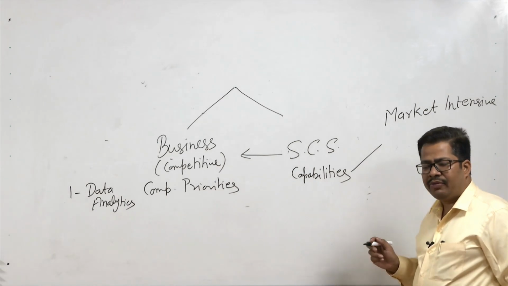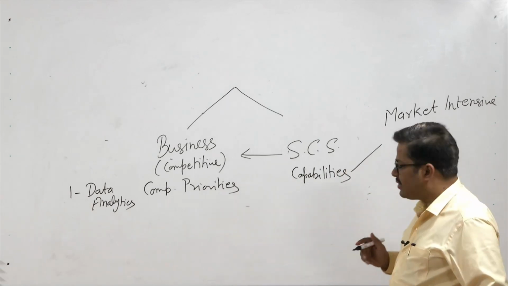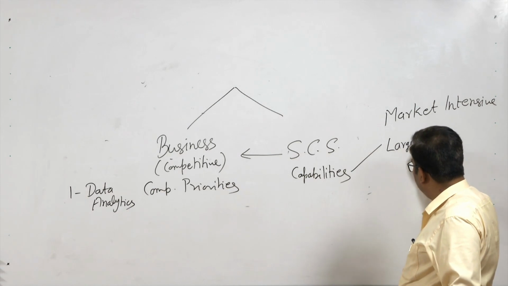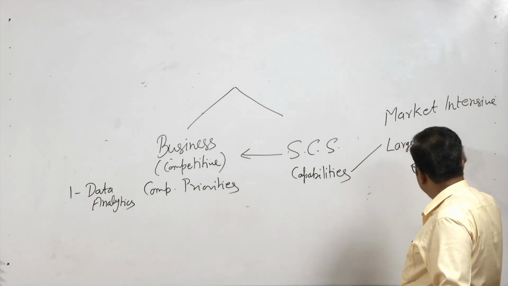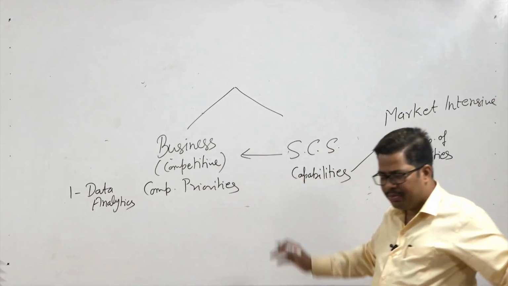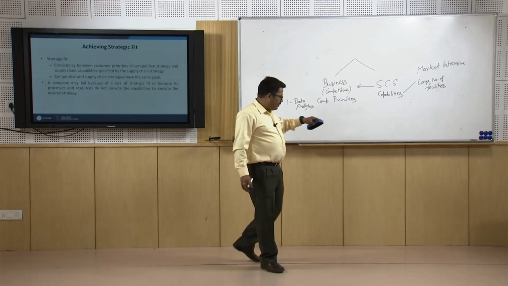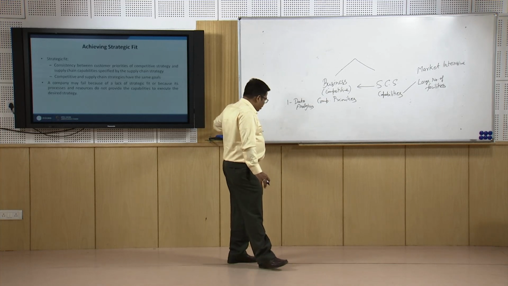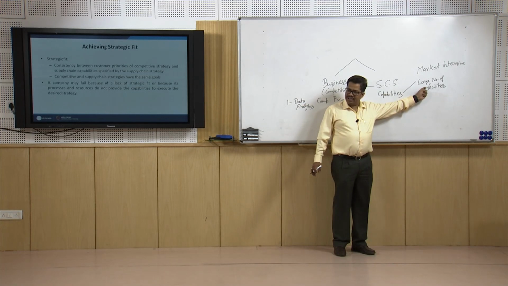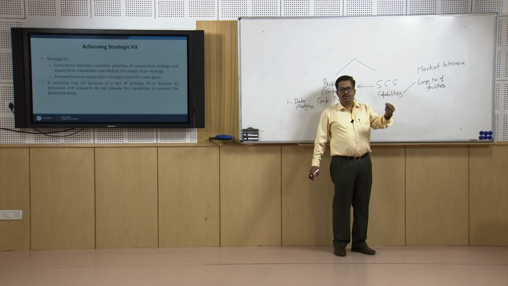When I say that I want to develop a market intensive supply chain strategy, the meaning is that I want to open a large number of facilities in almost all the corners of my market. So, when I am talking of a market intensive strategy or market dominance strategy, I should have a large number of facilities. But then in a city like Delhi, I am opening only 2 retailers.